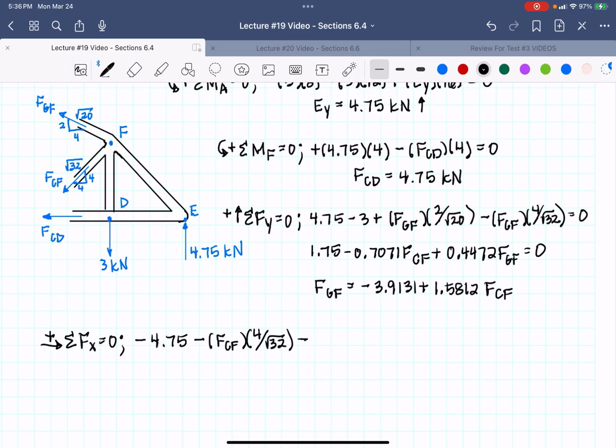And then I've got the x component of FGF, which is in the negative direction also. And that component would be 4 over the square root of 20 equals 0.